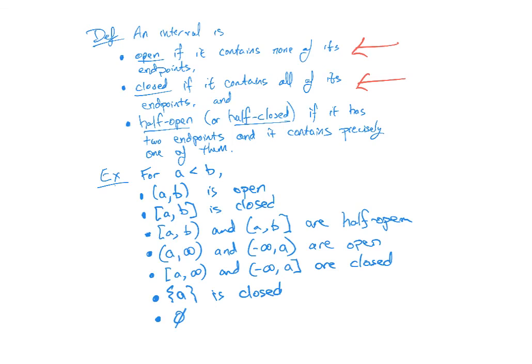It has no endpoints, and so it contains all of its endpoints. Right? The only thing it isn't is half open. It's not half open. So the empty set is both open and closed. I'll put an exclamation point for that. Okay, and these are not mutually exclusive.